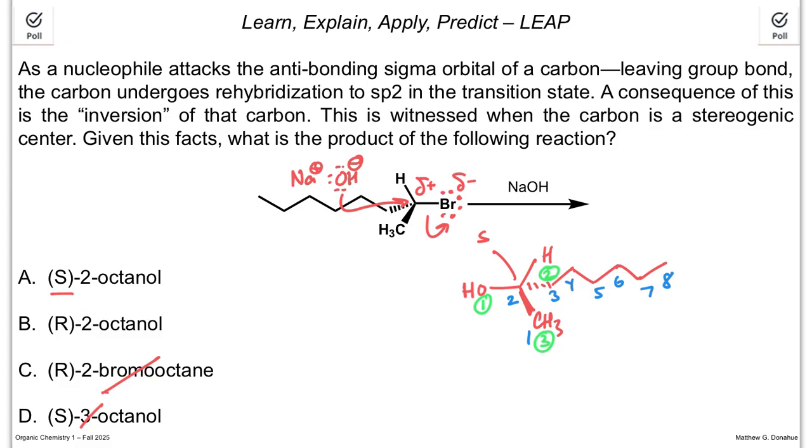Would you not look at 2 as like the whole chain? In a sense, yeah. When you look at carbon versus carbon to assign priority, you then go out. So that carbon has 3 hydrogens. This one has 2 and then another carbon, so that's why it gets priority 2.